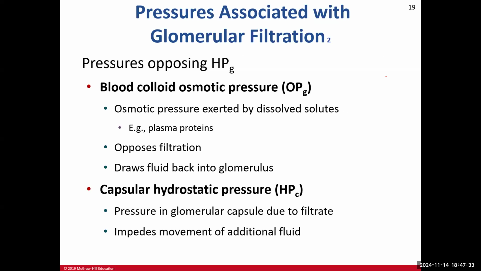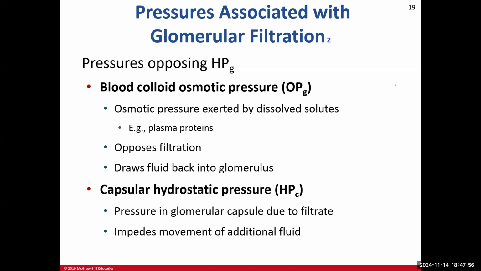Now we're going to talk about these two pressures that oppose the hydrostatic pressure in the glomerulus. So we can't get away from the colloid oncotic or colloid osmotic pressure. Because why? Proteins. We're going to have proteins in our blood, right? So we can't get away from that.